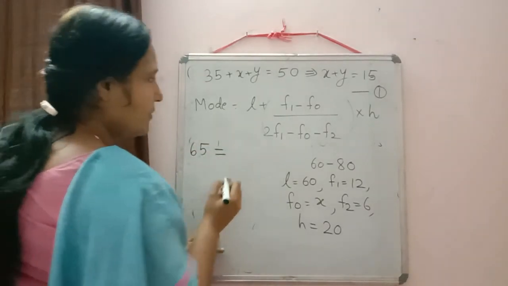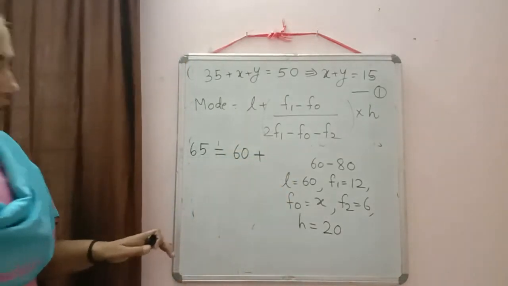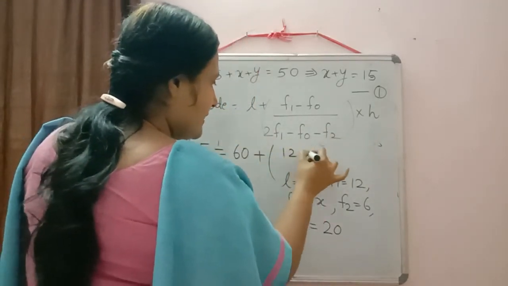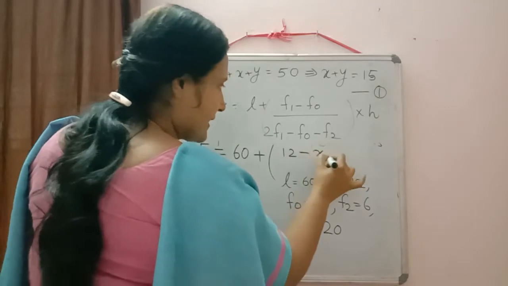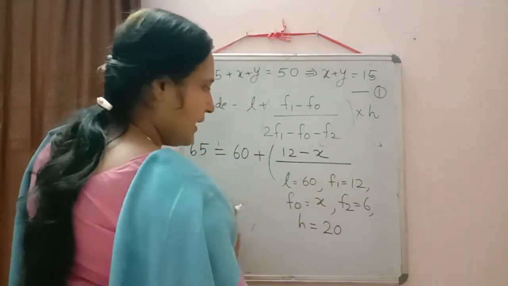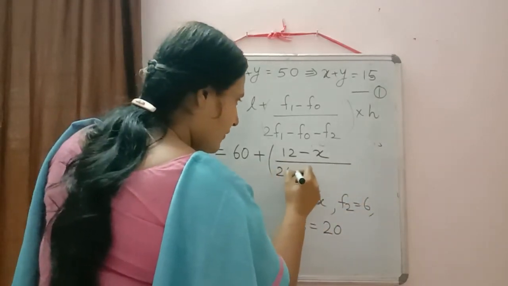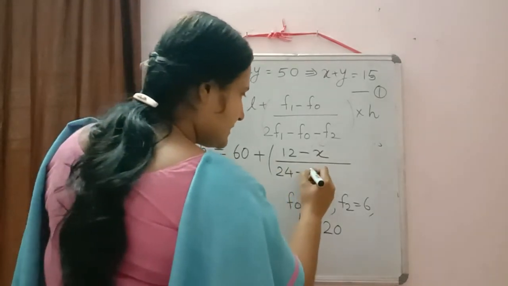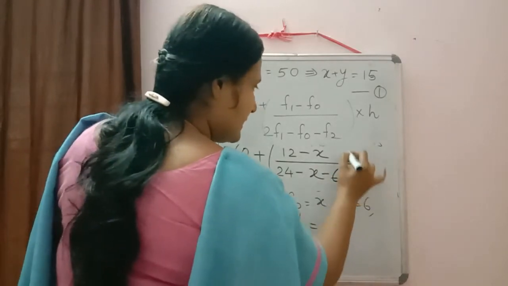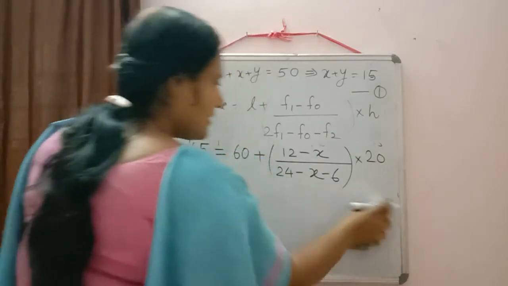So 65 is equal to the lower limit, 60, plus F1, 12, minus F0, that is x, by 2F1, so 2 into 12, that will be 24, minus F0, that is x, minus F2, and F2 is 6, into 20. So we substituted all the values.